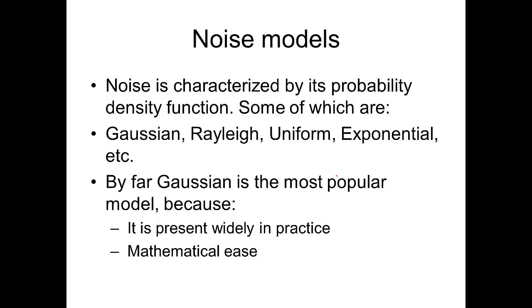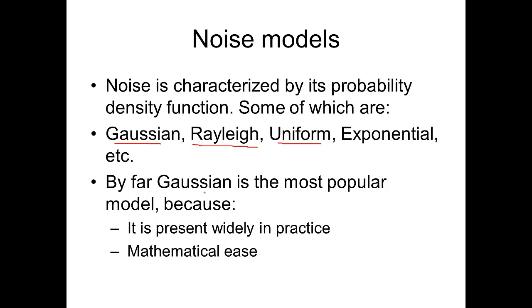In fact, based on the noise distribution, we have different noise types. Besides Gaussian, we have Rayleigh, uniform, and exponential noise distributions. So we have four noise distributions here.